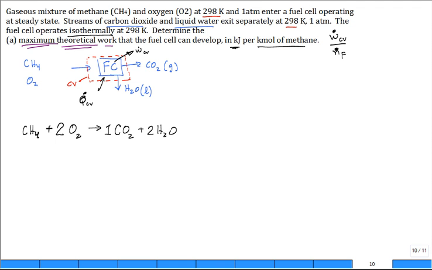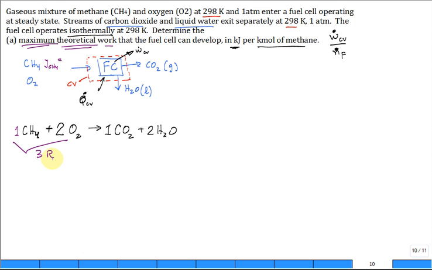So one thing that we're going to need to know is the mole fraction of the CH4 that comes in that reactant stream. Well, you have 1 mole of CH4 and 2 moles of oxygen, giving you a total of 3 moles of the reactants coming in.